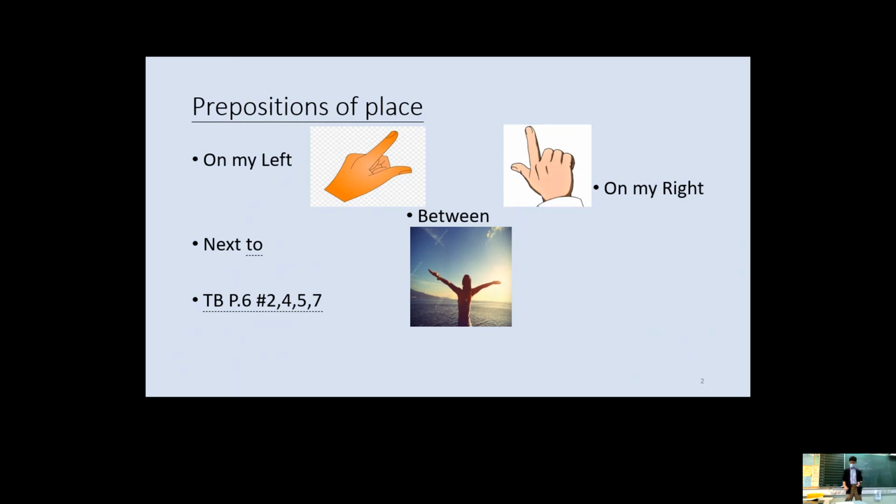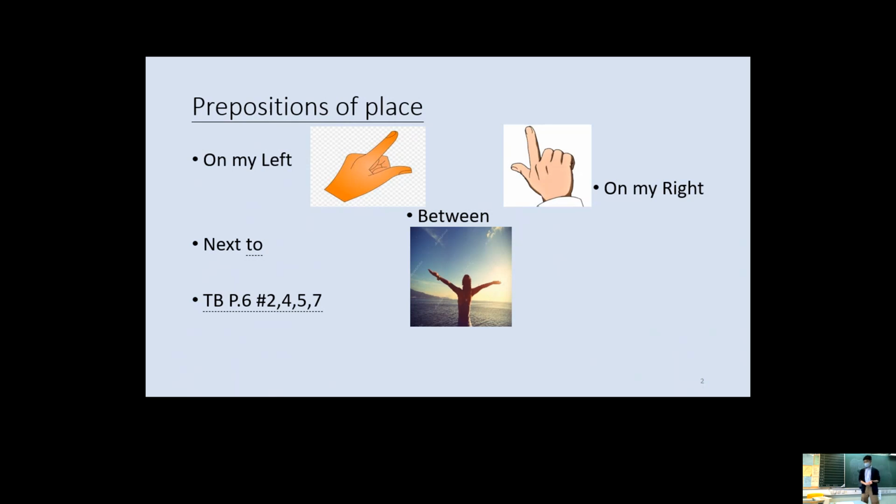Can you check the answers now? Number 2, who is that? Eric sits next to Jojo. Very good. Check if you get the correct answer. Number 4. The answer should be between. Barry sits between Jake and Phil.